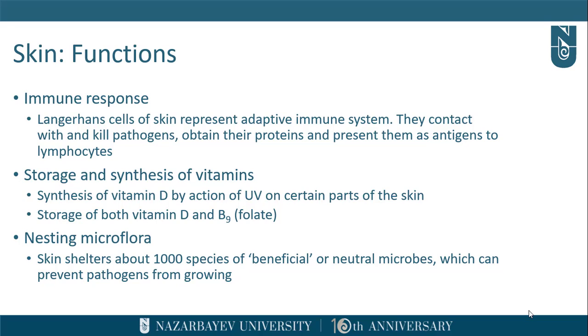They kill the pathogens, and what they do is take the proteins obtained from these pathogens and present them to immune cells, which are lymphocytes, in order to trigger the immune response, and also to kill those cells and to always be ready for a secondary encounter with that particular microorganism.